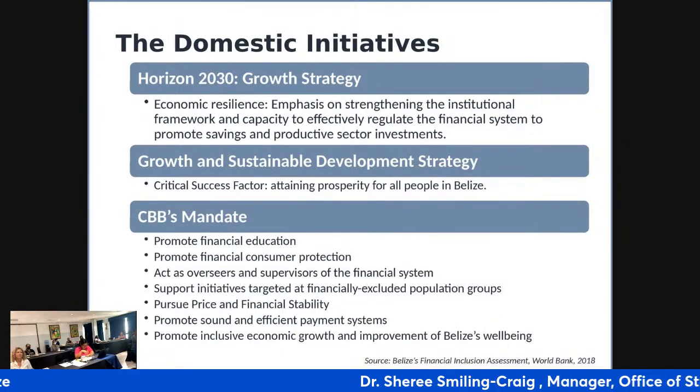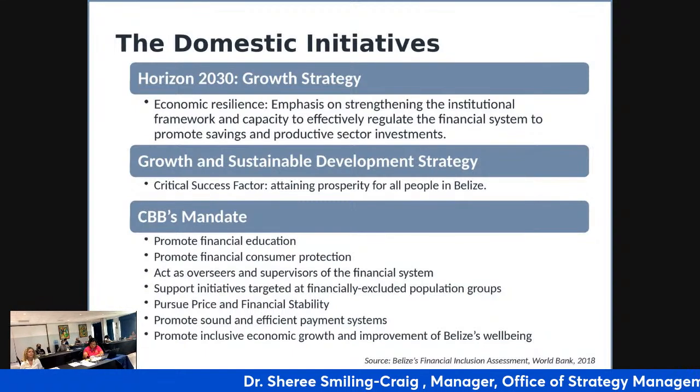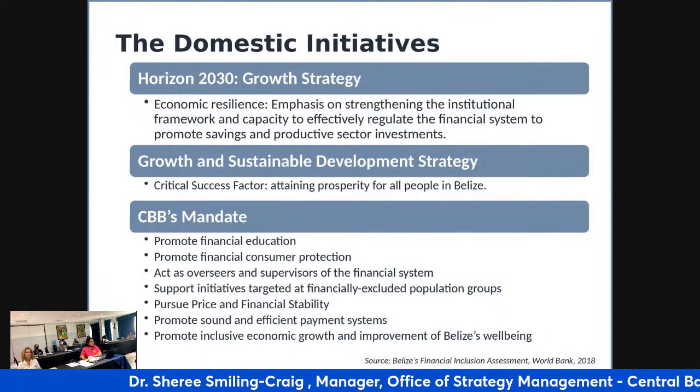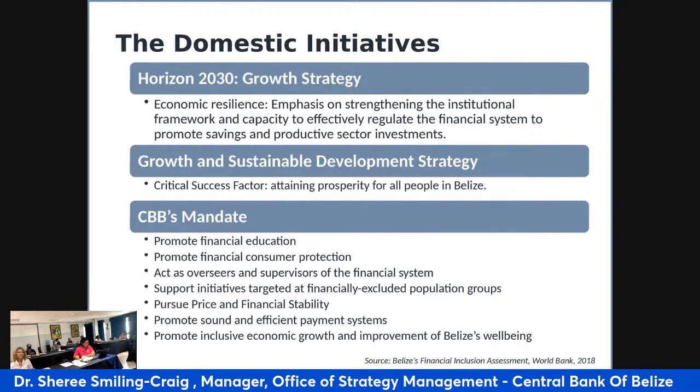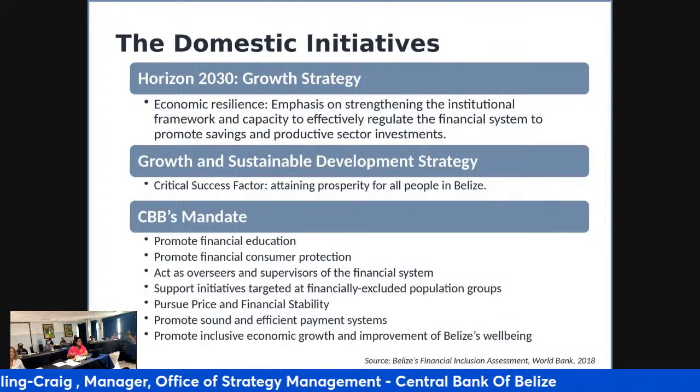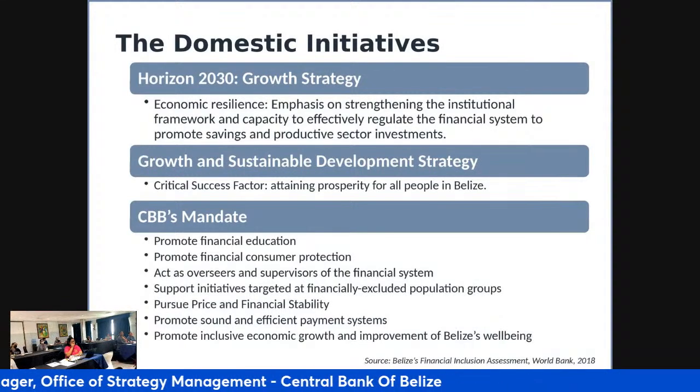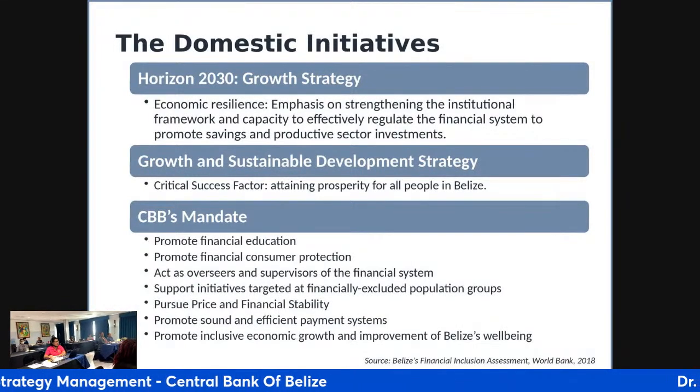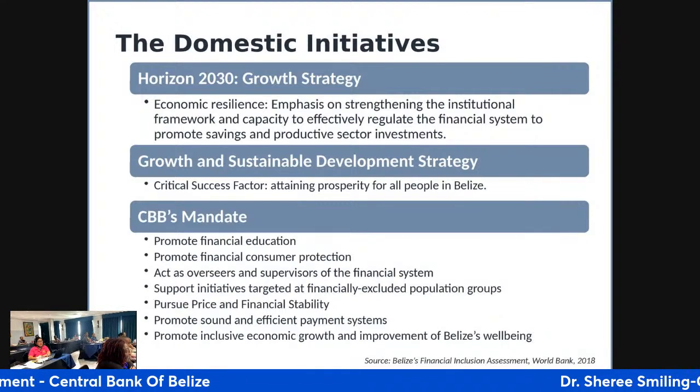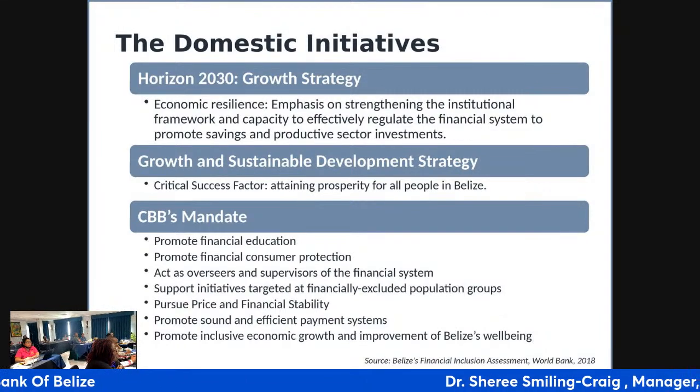Now, from the central bank's perspective, our mandate includes, and these are just some of the highlights, promoting financial education. We want our people to know about the financial system.